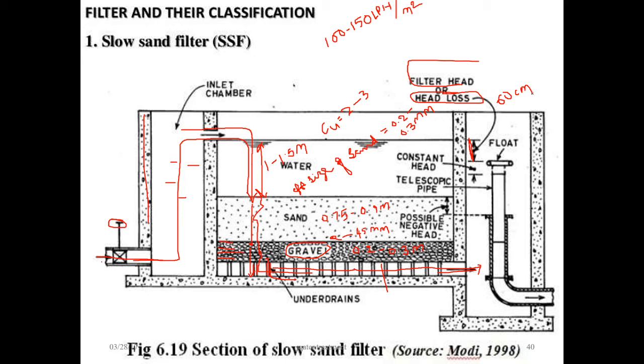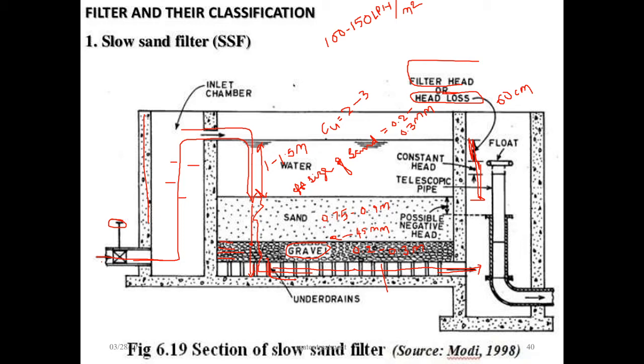Next one is when the head loss increases, it is uneconomical to run the filters. If head loss increases, this is uneconomical, which means it is not filtering perfectly, it is creating some disturbance, so it will become uneconomical to run the filter.